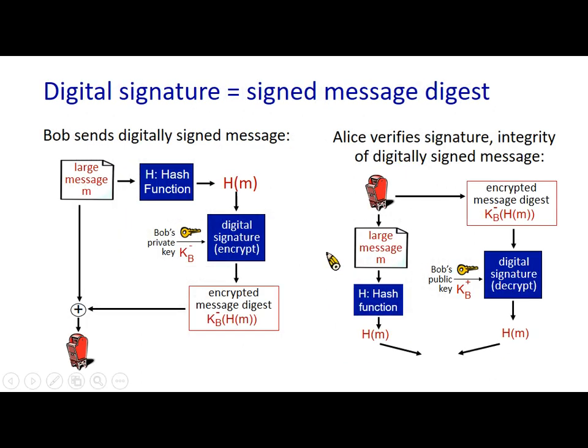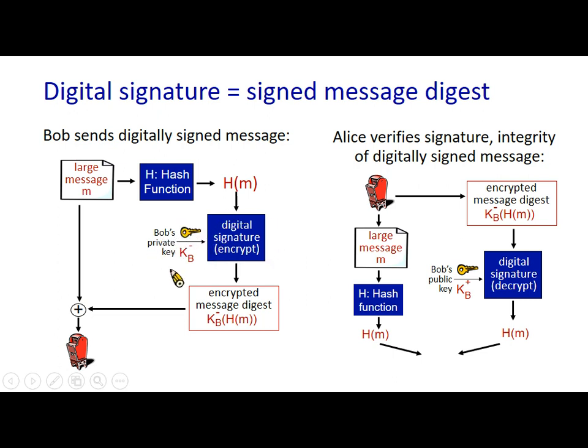So that's why we need a digital signature, which is equal to a signed message digest. Here you can see how we send the digitally signed message. We have the large message that we send, and we apply the hash function, the hash function of M. The digital signature is encrypted using the private key.